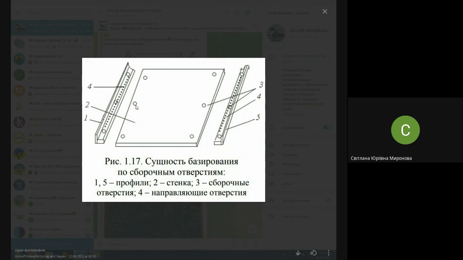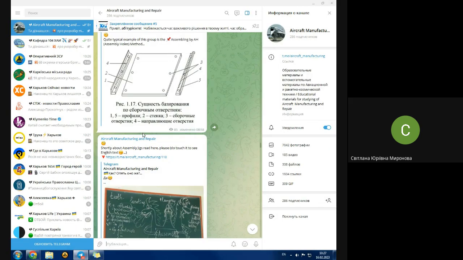In the book and in my explanation, which I trust you have read, the distance between assembly holes should be not greater than 70 to 90 centimeters. Well, literally not more than a meter. It means that each meter you have an additional assembly hole. If you have a length of 2 meters, you see 3 assembly holes. If you have 5 meters, certainly you have not less than 6 assembly holes. It's for the stiffness of parts.